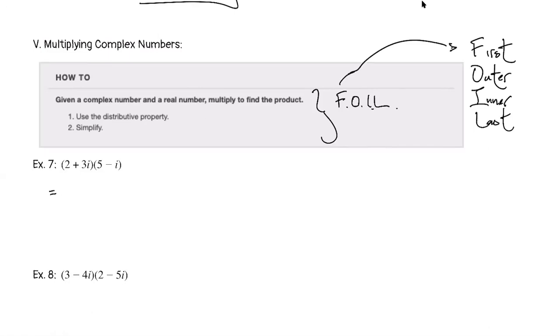my first terms multiplied would be 2 times 5, because 2 is the first term in the first one and 5 is the first term in the second one. Plus my outer terms will give me negative 2i, when I multiply 2 by negative i.